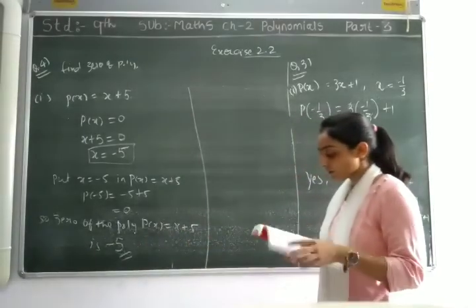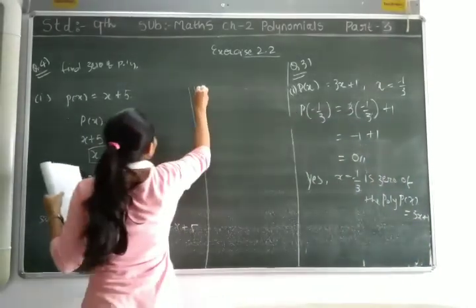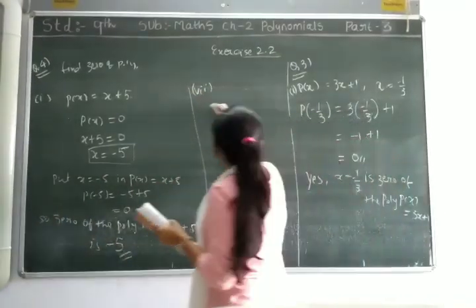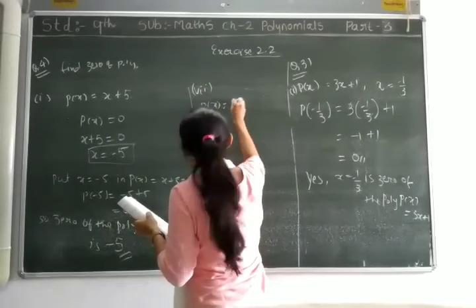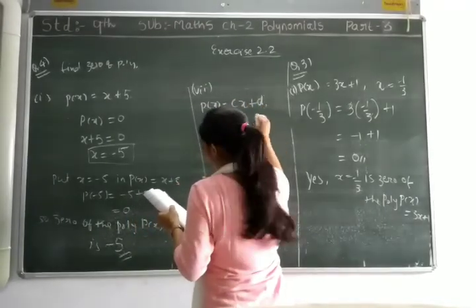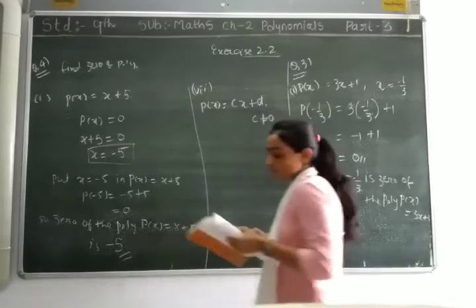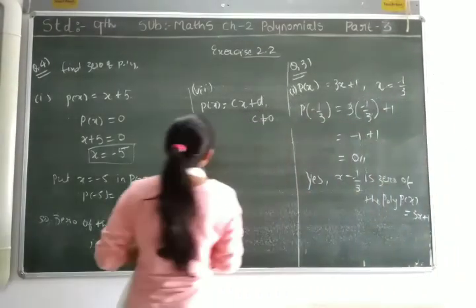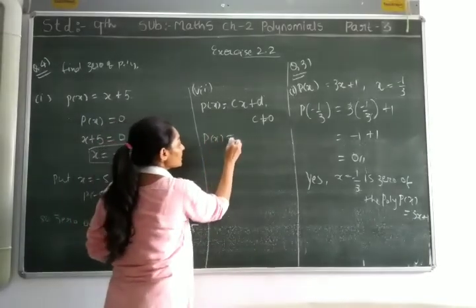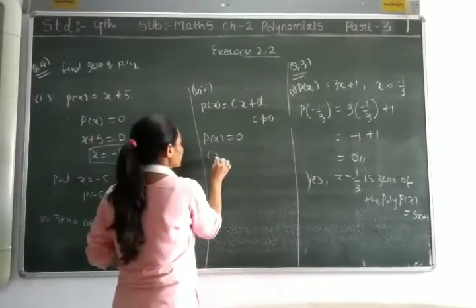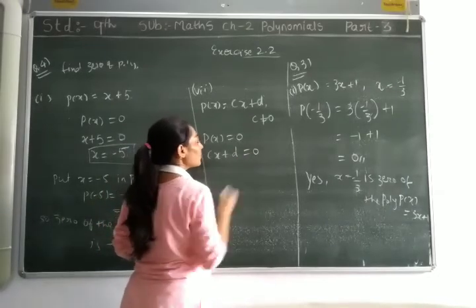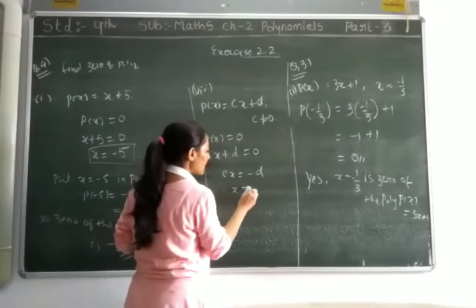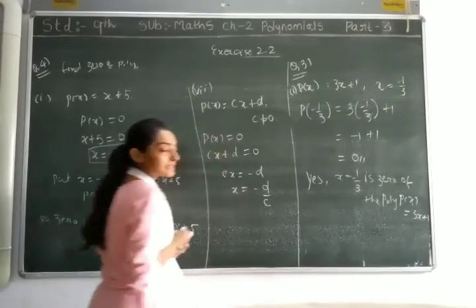Now the question number 7. p of x equals cx plus d, where c is not equal to 0. Again, same thing: p of x equals 0, so cx plus d equals 0. So cx equals minus d, x equals minus d upon c.